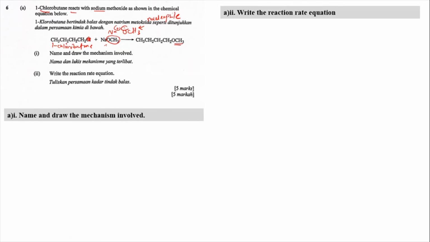Okay, so kat sini 1-chlorobutane adalah primary haloalkane. So primary haloalkane. And then O negative CH3 is a strong nucleophile. Okay, so for a primary haloalkane, it will undergo SN2 mechanism, and it's going to consist of one step.